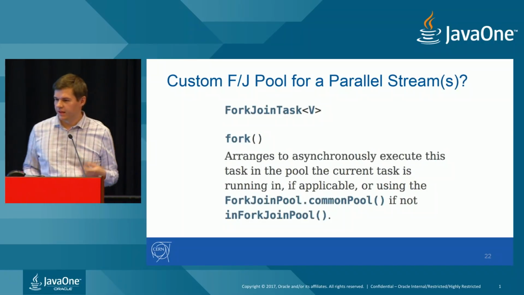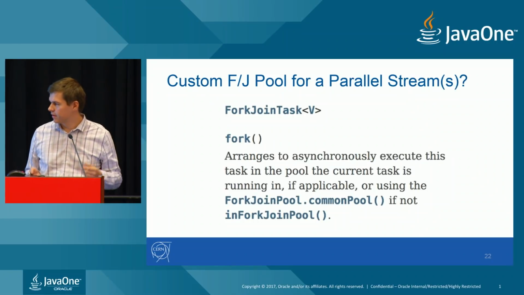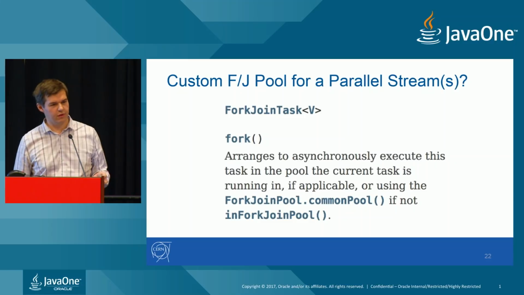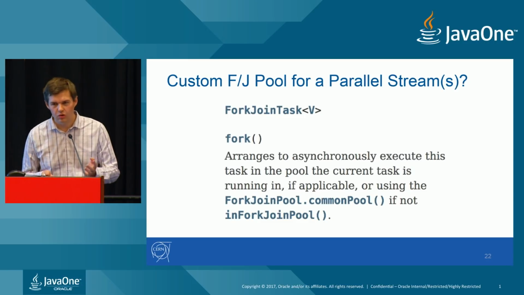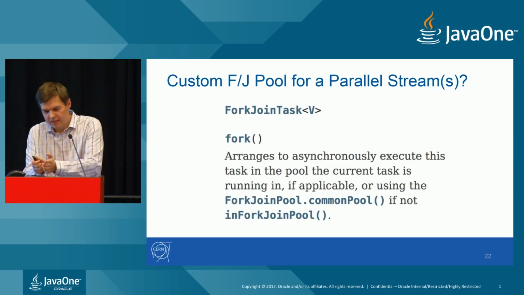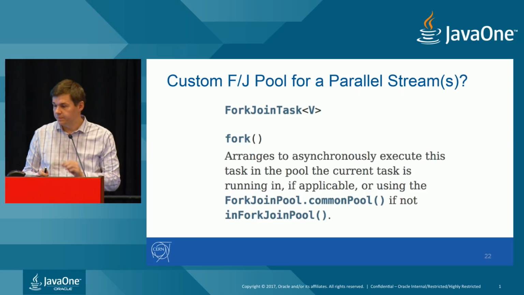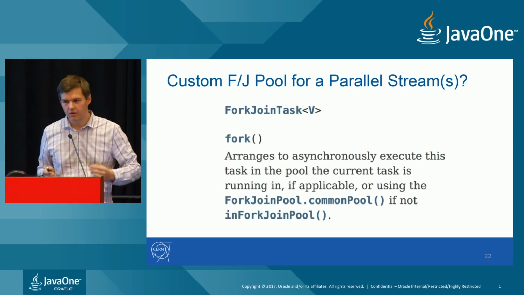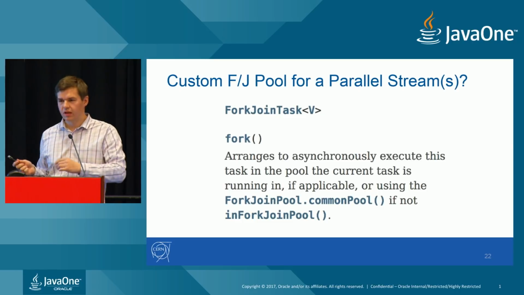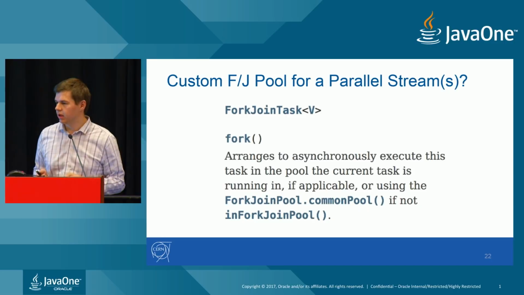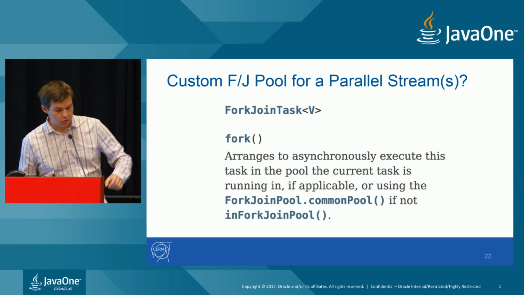I kept repeating that parallel streams always use the same instance of the fork join pool. The question is, can you use your own? Can you say this parallel stream should be executed with this one and only fork join pool? The answer is yes. However, I show it just for completeness' sake, because it's something I wouldn't really do. So how do you do it?